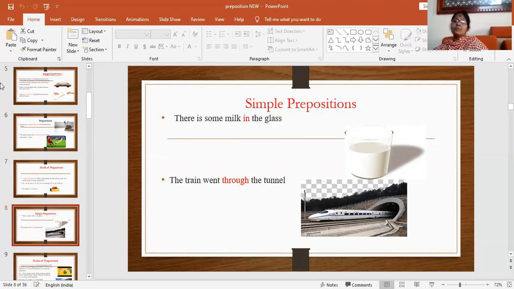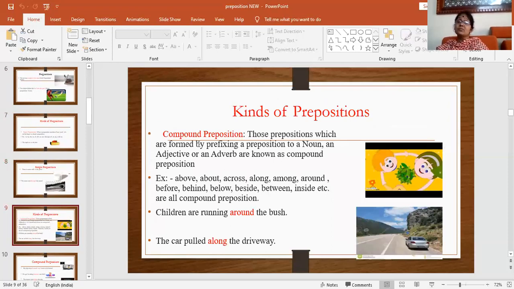Now we come to the other kind of preposition, that is called compound preposition. Compound prepositions are those prepositions which are formed by prefixing a preposition to a noun, an adjective or adverb, right? And they are known as compound prepositions.